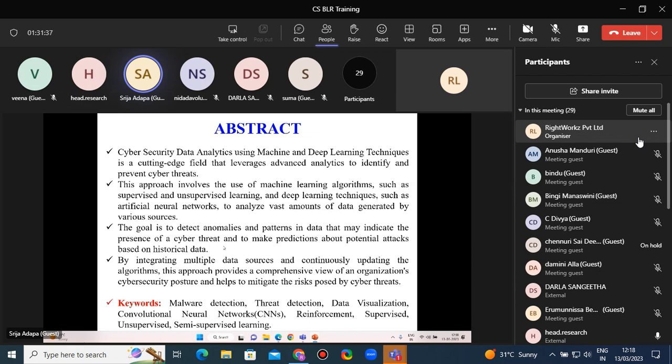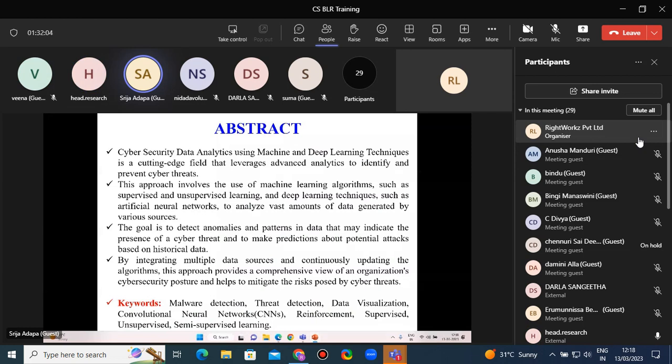The goal is to detect anomalies and patterns in data that may indicate the presence of a cyber threat, and to make predictions about potential attacks based on historical data. By integrating multiple data sources and continuously updating the algorithms, this approach provides a comprehensive view of an organization's cybersecurity posture and helps to mitigate the risk posed by cyber threats.